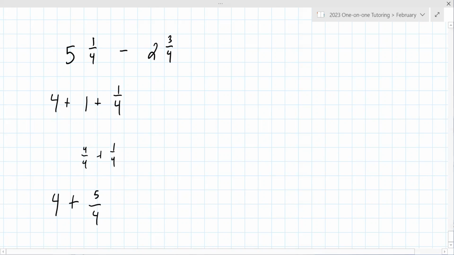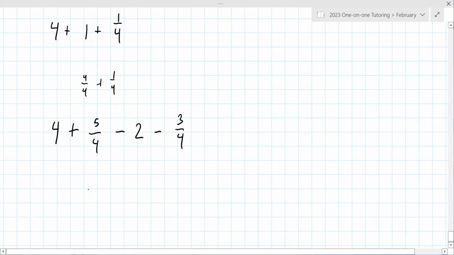Now what did we do in the previous problems with this other mixed number on the right? We bring it down. Okay, and you subtract both of them. 4 minus 2 is 2. 5 minus 3 over 4.